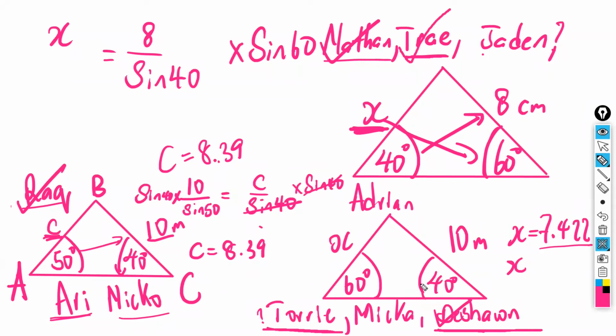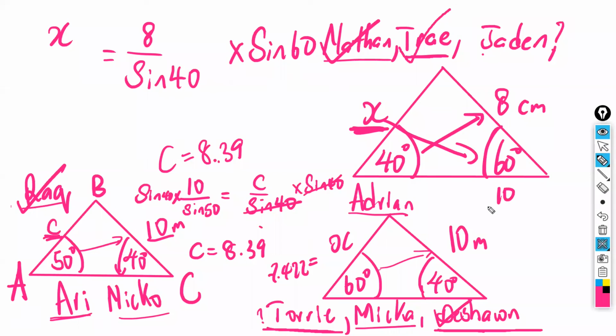I hope so. So Adrian, Tori, Michaela, I'm going to explain it to you guys as well. You're supposed to get 7.422. And how? The 60 matches the 10. You're supposed to have 10 over sine 60 is equal to x over sine 40.